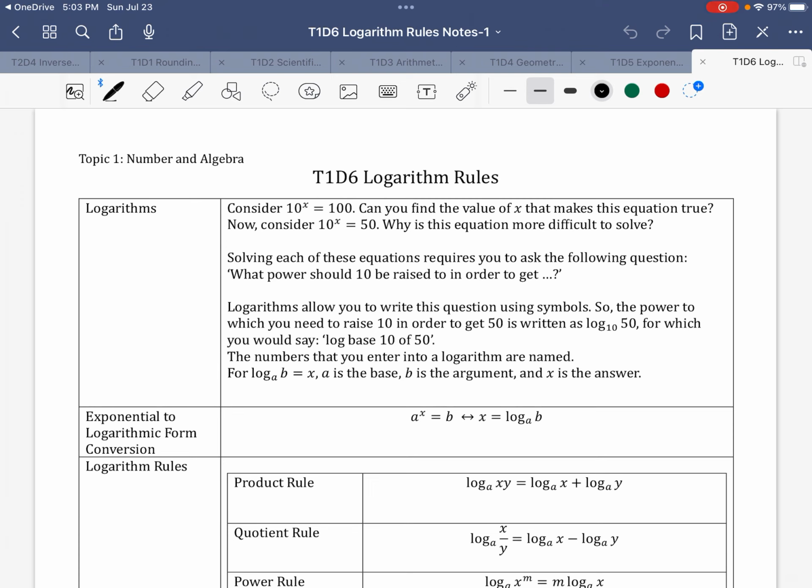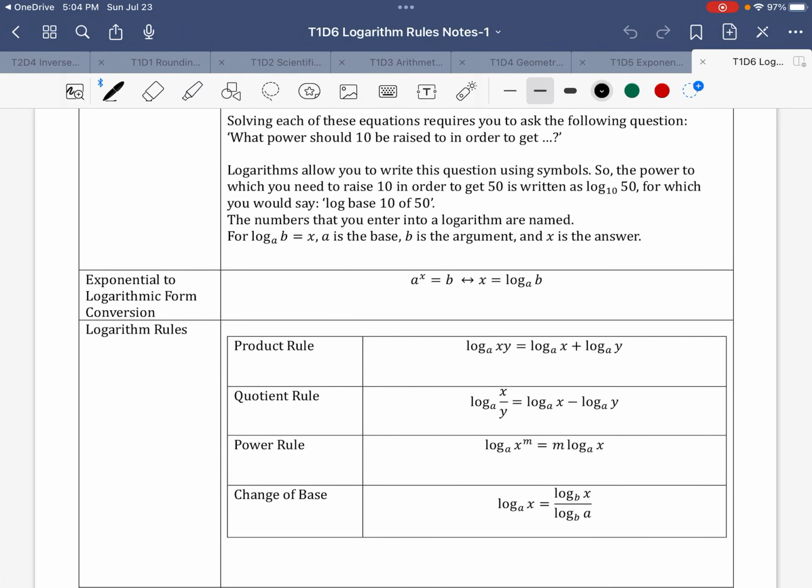And the numbers that you enter into the logarithms are named. For log base a of b equals x, a is the base, b is the argument, and x is your answer. In order to convert from exponential to logarithmic form, we can use this equation here. So this first part, when your x is in the exponent, is our exponential form.